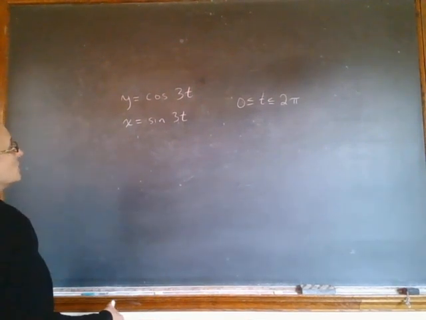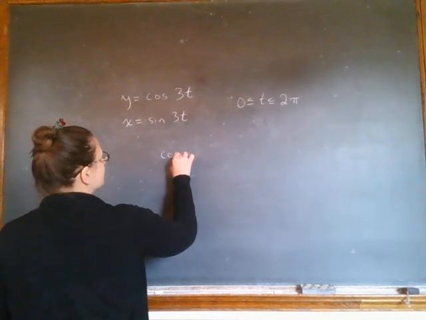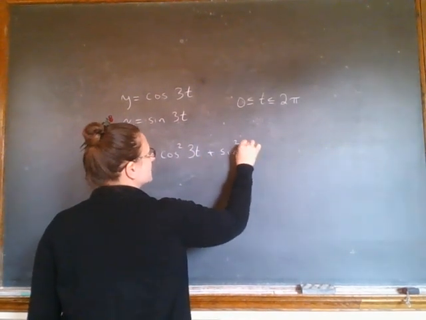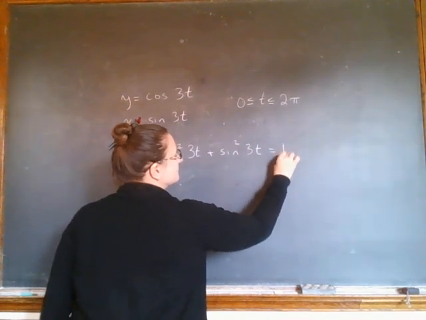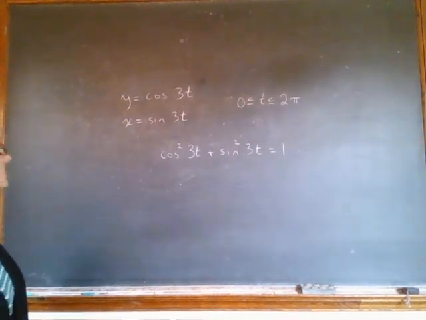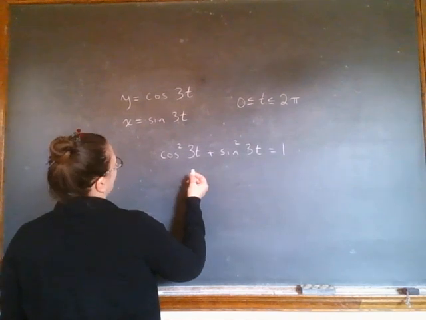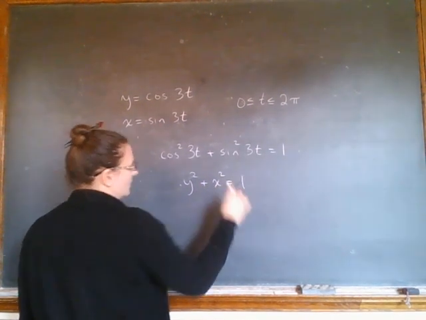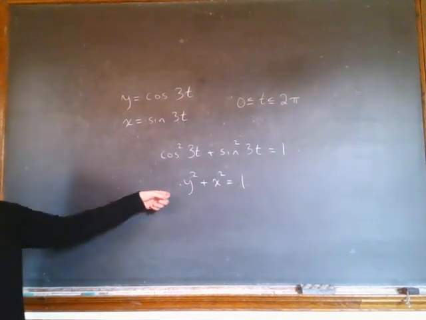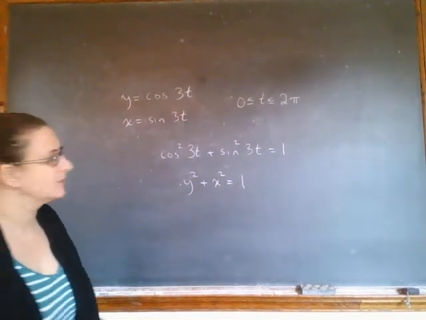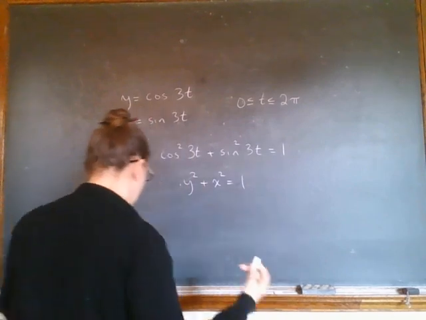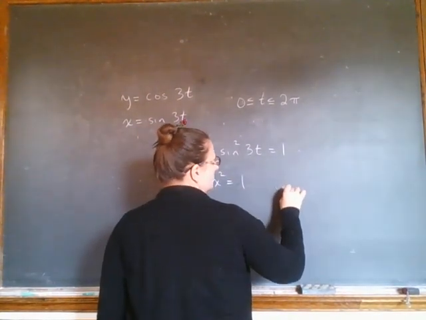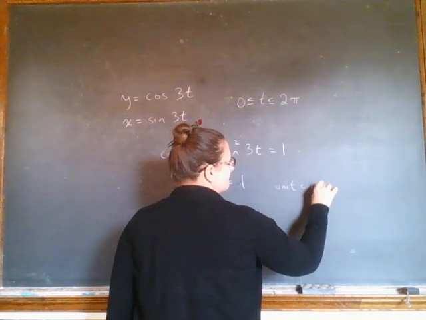Here, of course, we know that cosine squared 3t plus sine squared 3t is 1, right? So that gives you y squared plus x squared equals 1. So you can see now that it is the unit circle, and I've gone around it 3 times, however many times. Okay, so I'm just going to say unit circle, good enough.